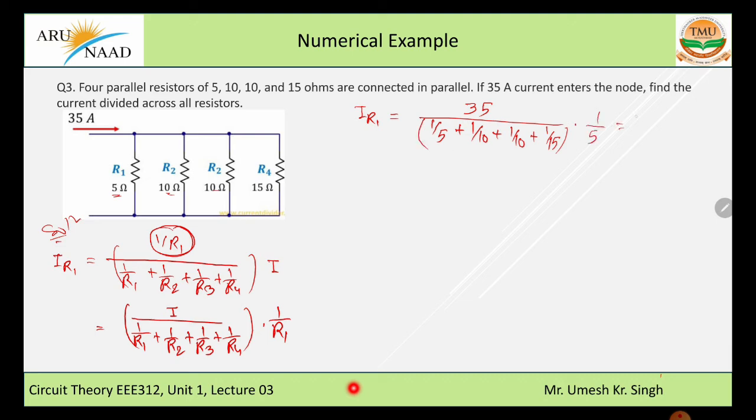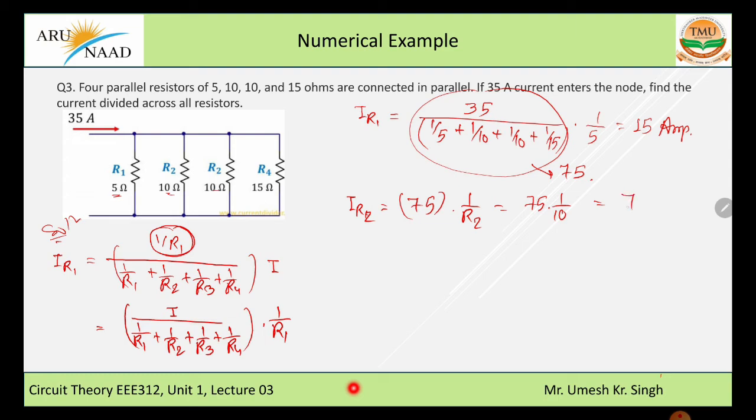When we solve, we get that this value is equal to 15 amp and this value is 75. So in our next current calculation, for R2, we multiply 75 by 1 upon R2, or 75 into 1 upon 10 is equal to 7.5 ampere.